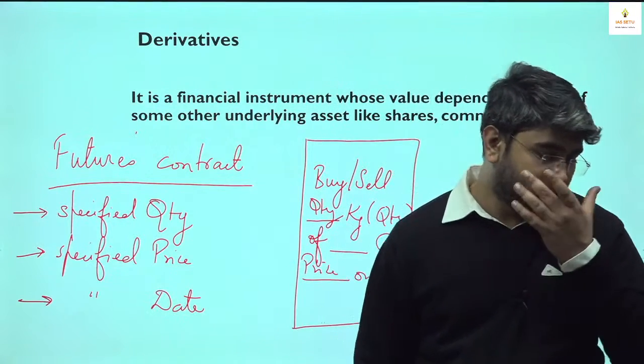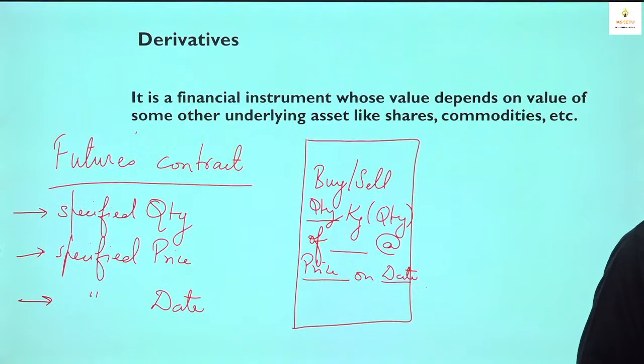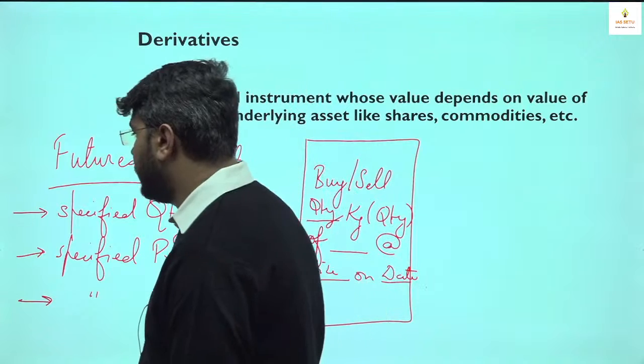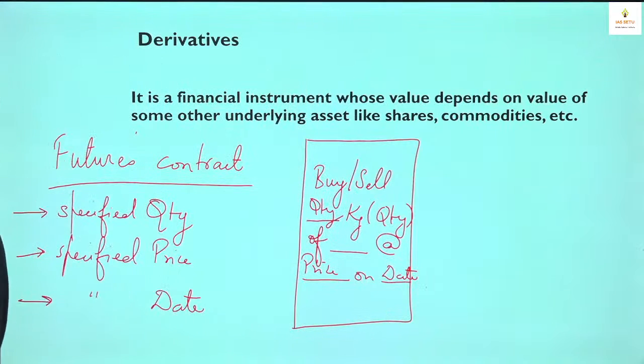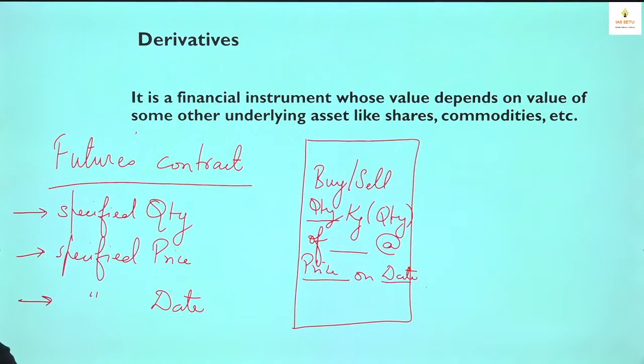Futures contract. Right? Now, based on the underlying asset, I can have different set of futures contract. Next line में लिखना, based on different types of underlying asset, we have different set of futures, we have different set of derivative instruments.